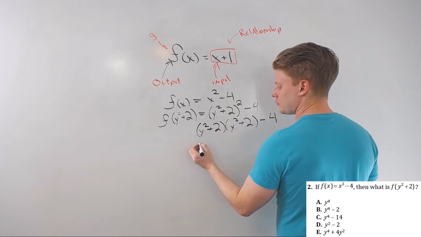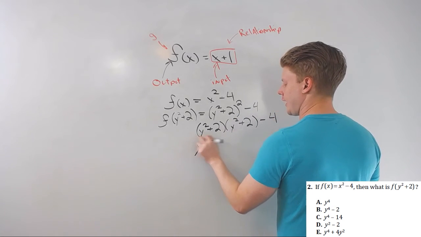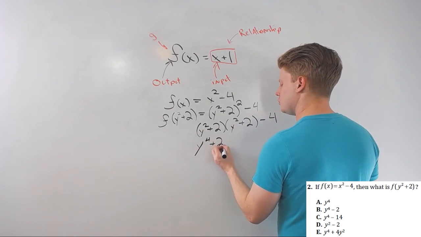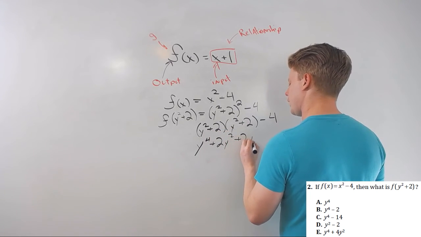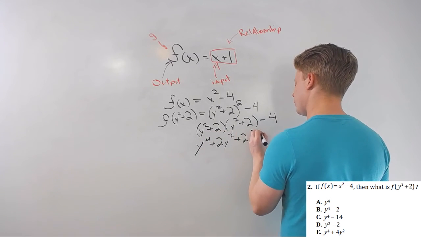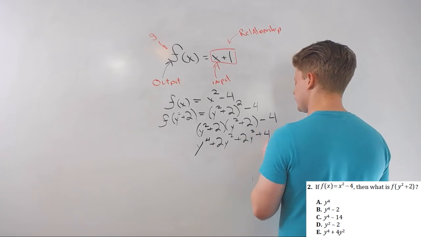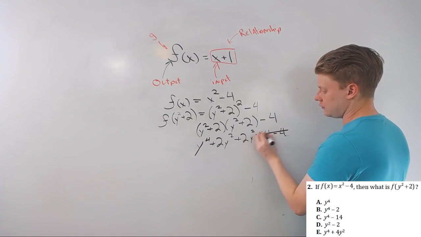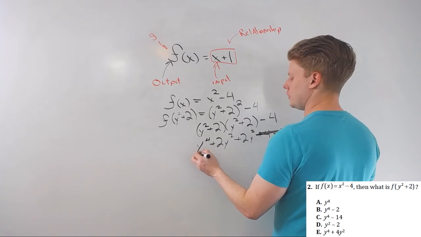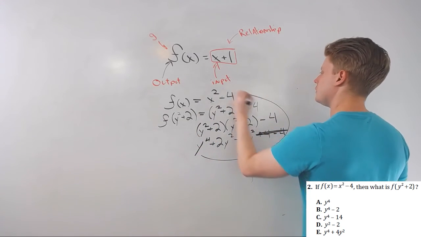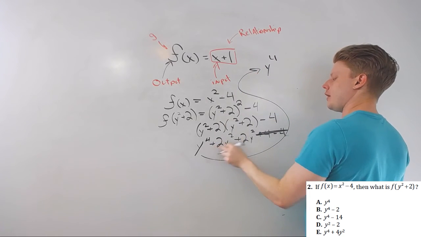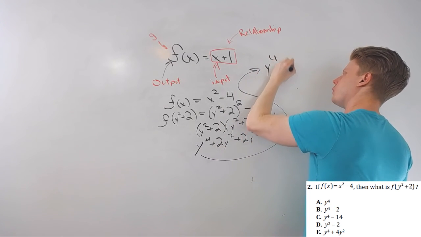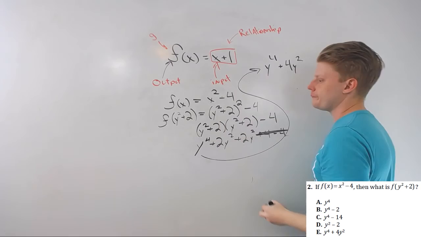First, y squared times y squared is y to the 4th. Outer plus 2y squared. Inner plus 2y squared. Last plus 4, minus 4. You'll see these 4s will cancel each other out. And that leaves you with y to the 4th, combine these terms, plus 4y squared.